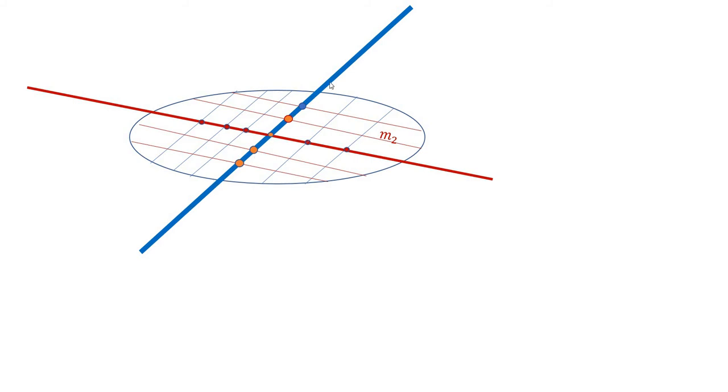See, the locus of the midpoints of this system of parallel chords is this. We have two systems of parallel chords, so we get two diameters.